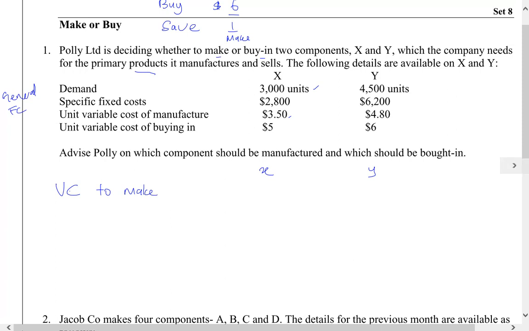How much is it going to cost me to make? 10,005. To make Y will be 480 times 45. 18, 20, 400. 21600.